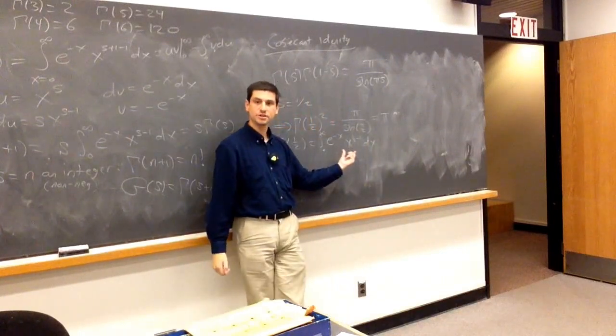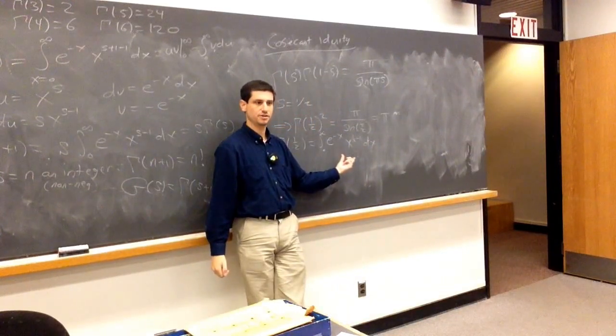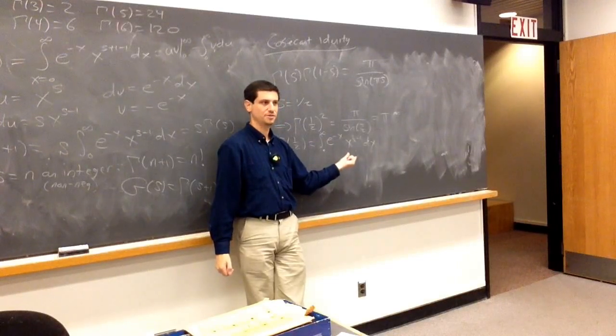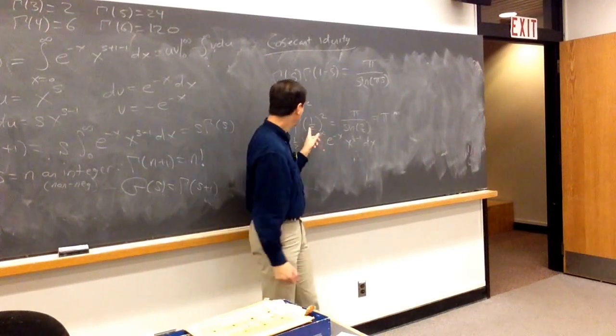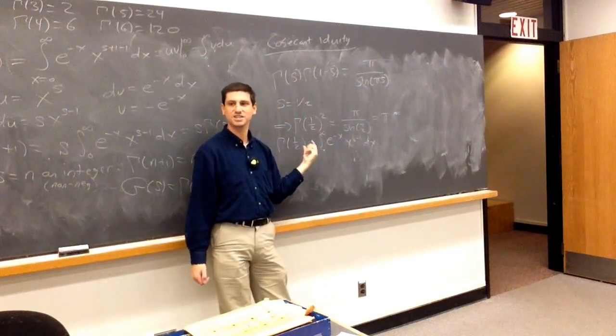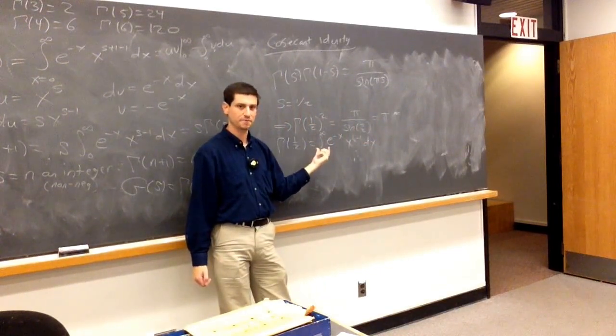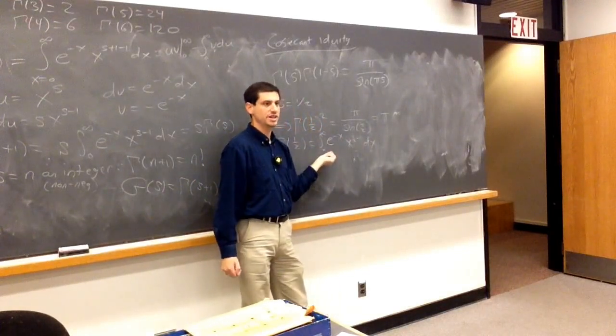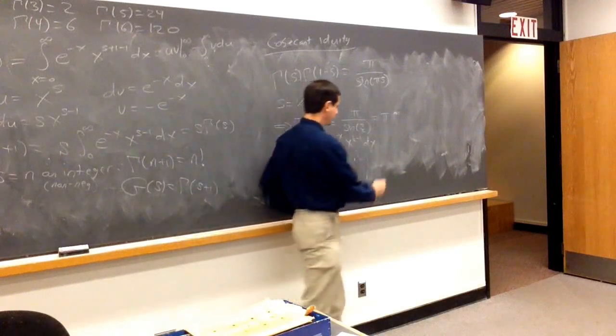This integrand is non-negative. So what can you tell me about this value, positive or negative? I'm sorry? Positive. So we know gamma of 1/2 squared is pi, so gamma of 1/2 is either root pi or negative root pi. Because this is a positive integrand, it has to be square root of pi.